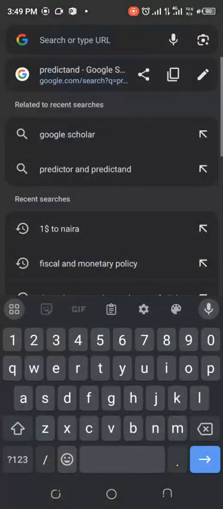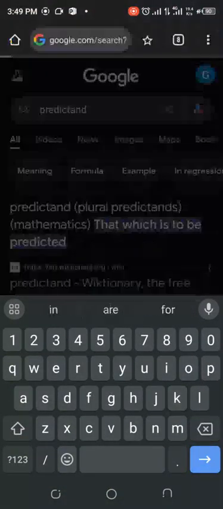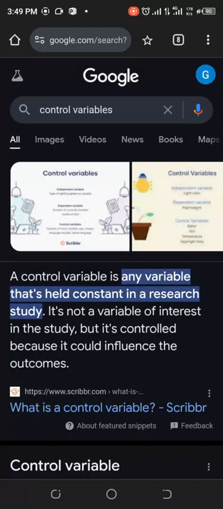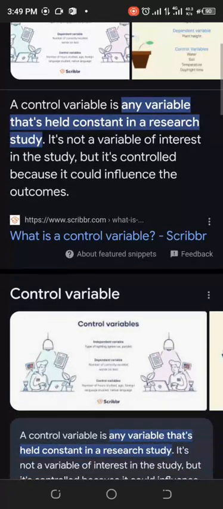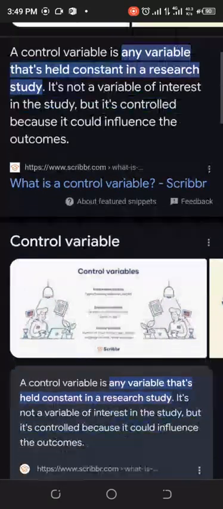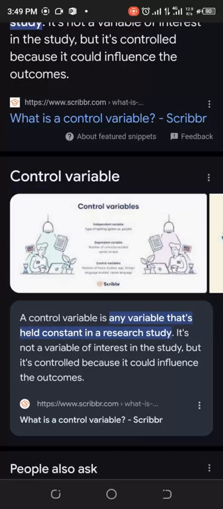Let me verify to be very sure. A control variable is a variable that is held constant in a research study. Okay, so the independent variable is the control variable. Independent variable is what is called the control variable. Yeah, it is the independent variable.